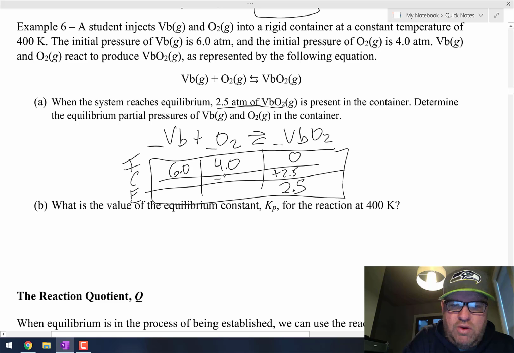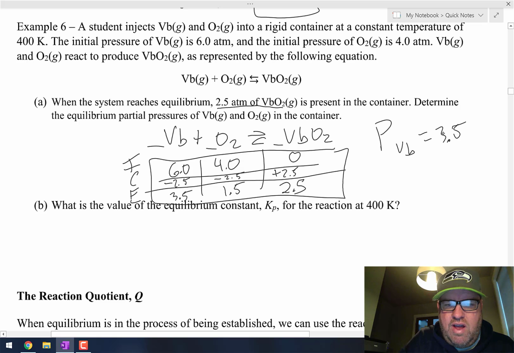That means that O2 went down by 2.5. And VB also goes down by 2.5. So this one becomes 1.5. And this one becomes 3.5. And so the pressure of VB equals 3.5, and the pressure of O2 equals 1.5.